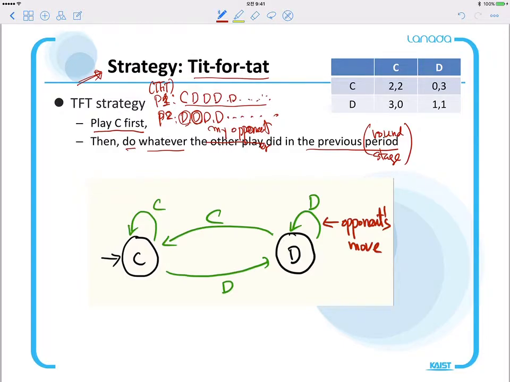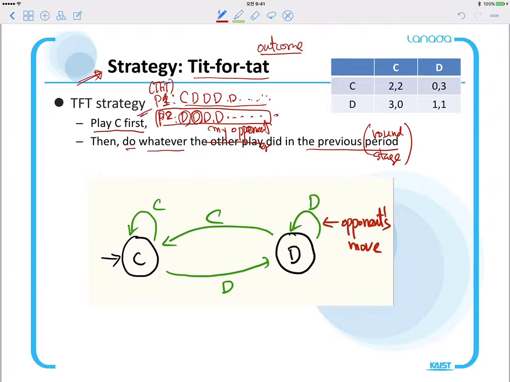Depending on what strategy is chosen by P2, the outcome of the Tit for Tat strategy could be different. Do you remember that I differentiate between the strategy and outcome for the extensive form game? Probably you remember, right?